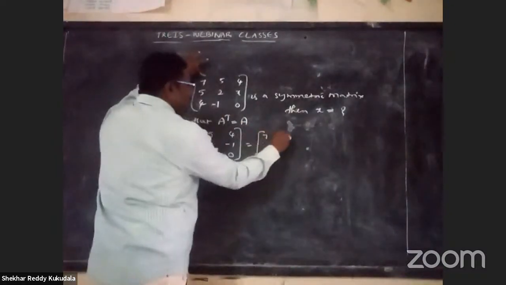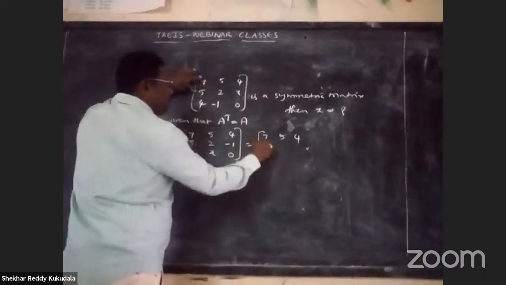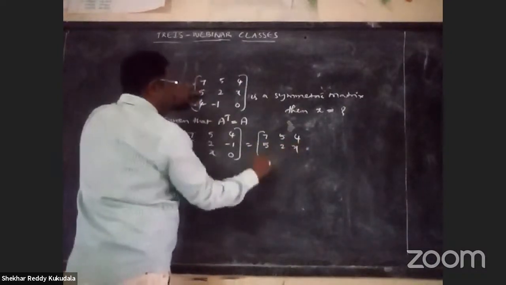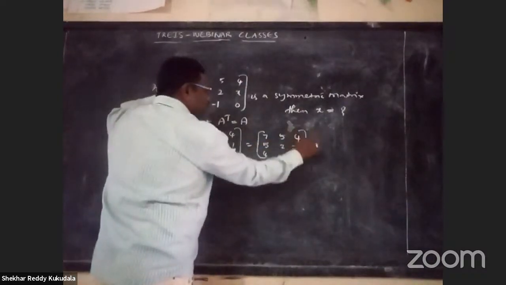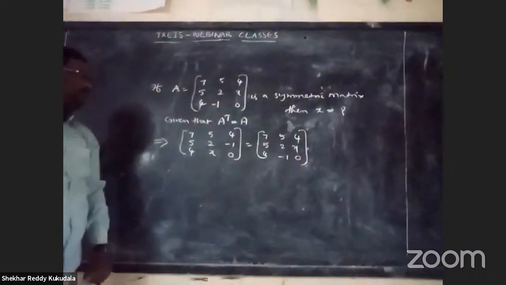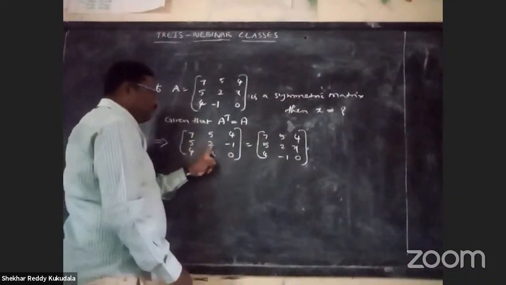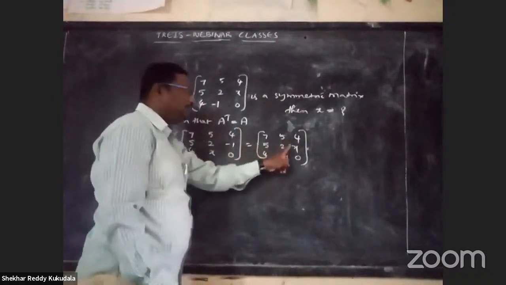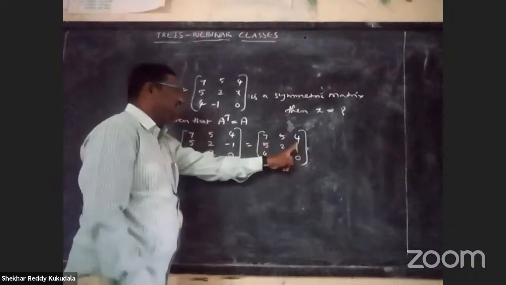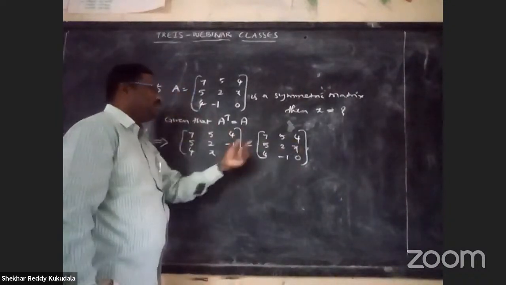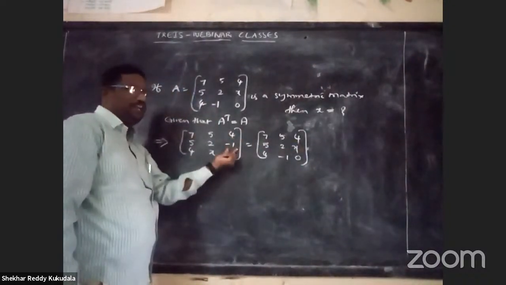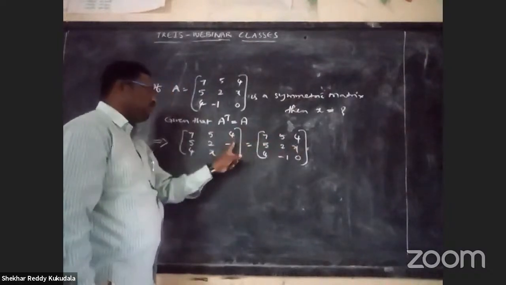So A is 7, 5, 4; 5, 2, x; 4, minus 1, 0. Now, observe once: 7, 5, 4 and 7, 5, 4. 5, 2, minus 1 and 5, 2, x. Here the corresponding elements of these two matrices are to be equated. So x is equal to minus 1.